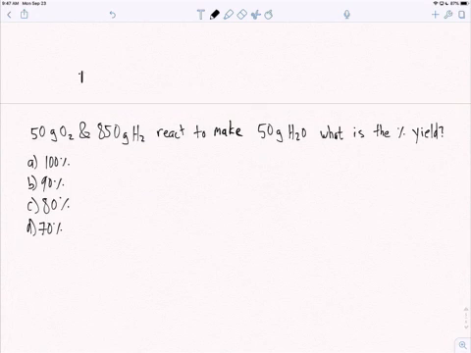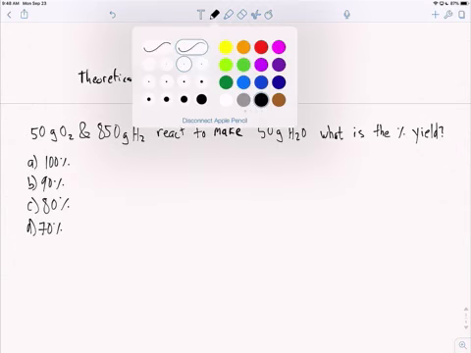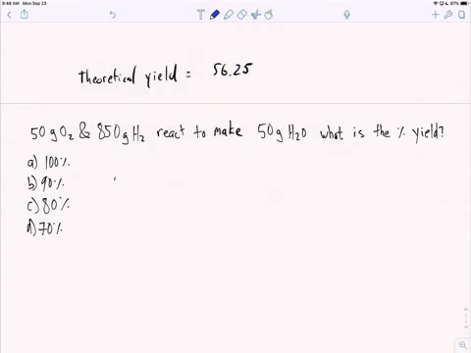So your theoretical yield: it's 112.5 was the last one, so that's going to be 56.25. Drive the point home.